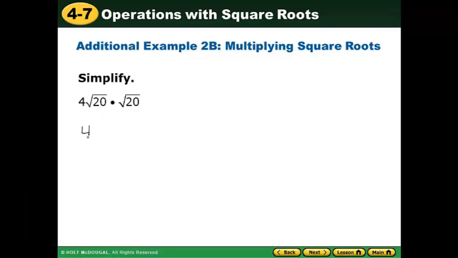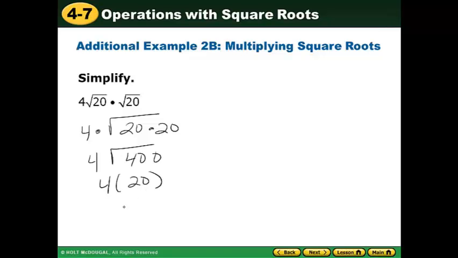So this will be 4 times the square root of 20 times 20. In this case, that will be 20, but doing the steps, that would be 4 times the square root of 400, and the answer here will be 80.